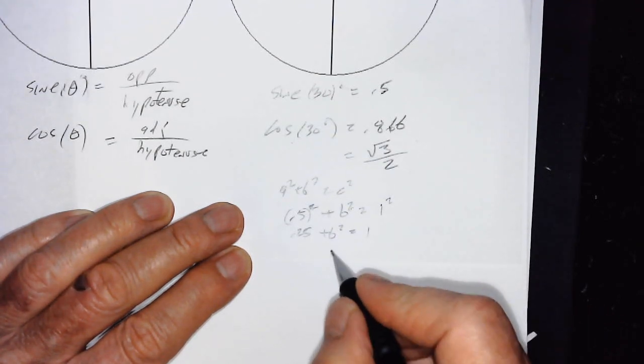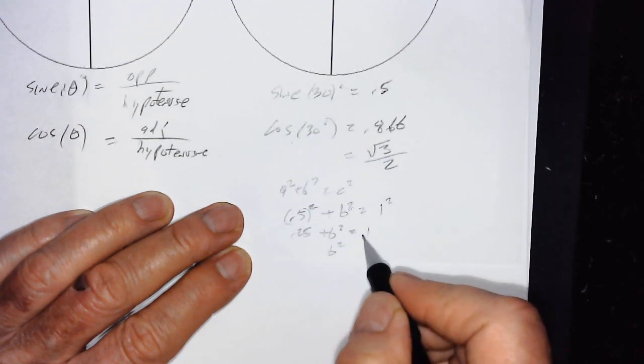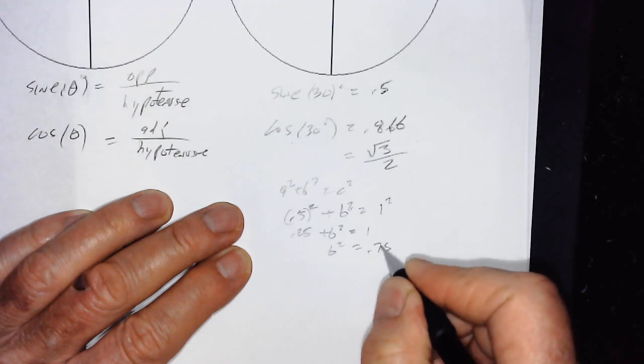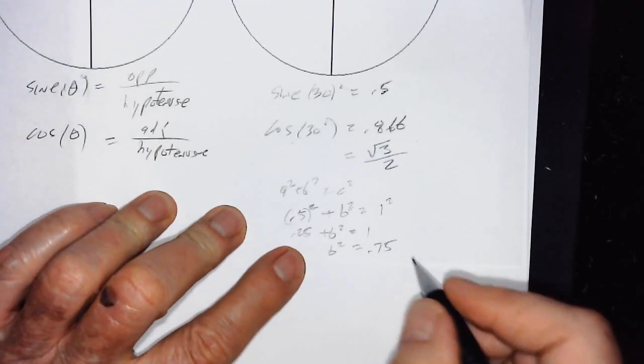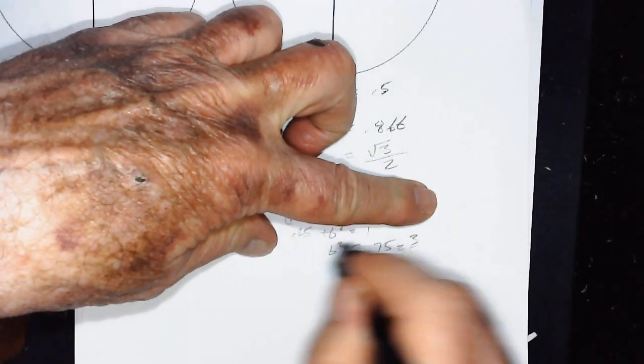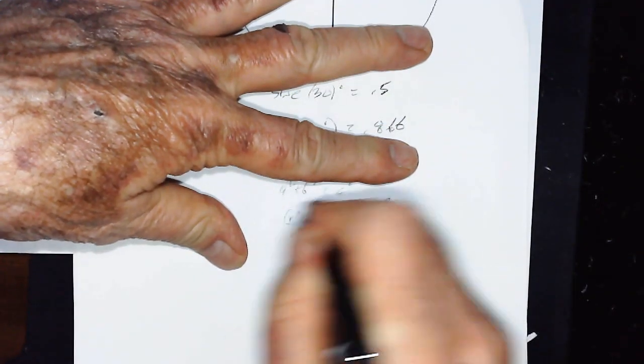Almost ran out of room. B squared, I'm going to put the 0.25 on that side, is 3 over 4. I should have used fractions with this, sorry. Let's say this using fractions instead of decimals.